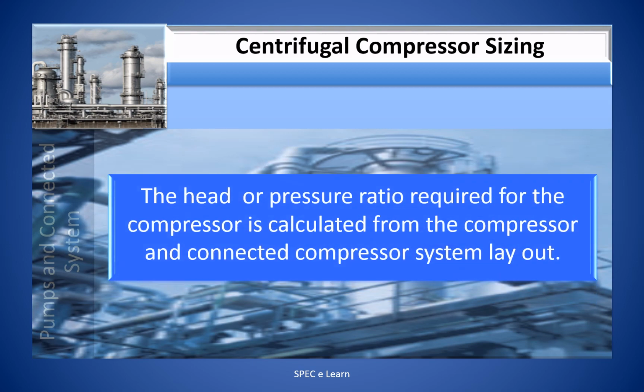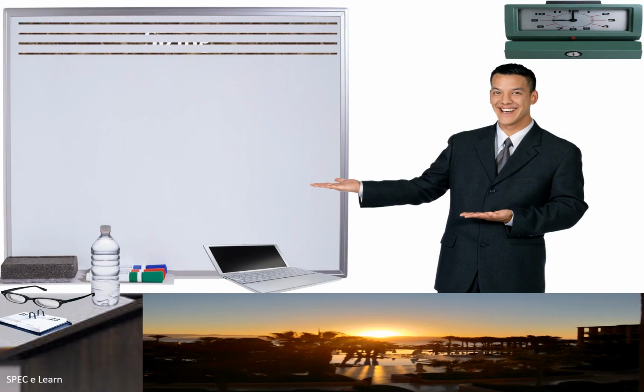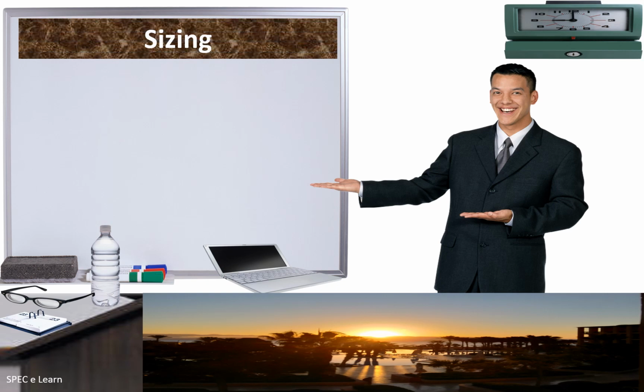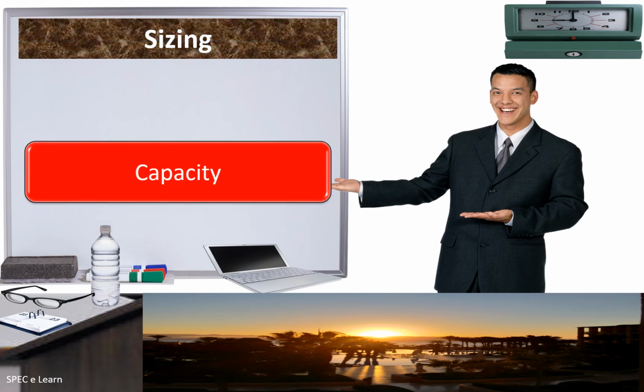The head or pressure ratio required for the compressor is estimated from the compressor and connected compressor system layout. Now we will move on to the sizing parameters. How do we get them or how to estimate them?